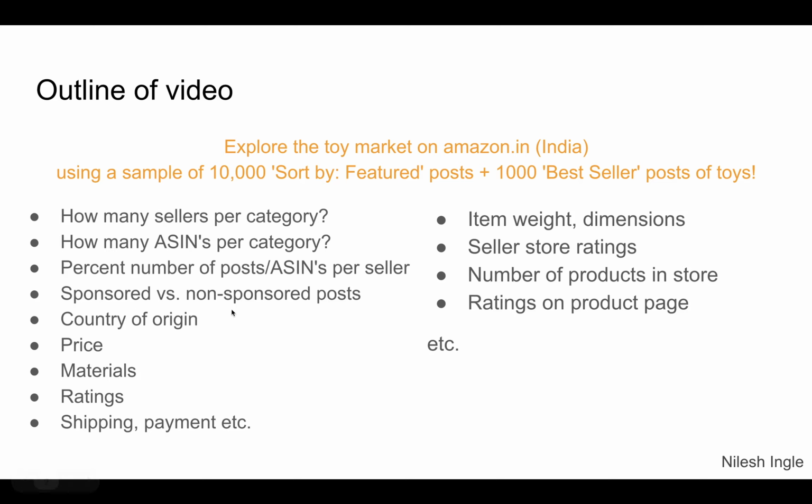As well as there are sponsored and non-sponsored posts. How many are there within the data set that is collected? Then country of origin, price, materials, ratings, shipment methods, weights, dimensions, seller ratings, ratings for the stores as well, and the number of products that those sellers may be carrying in their store.